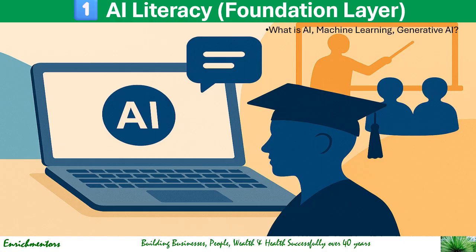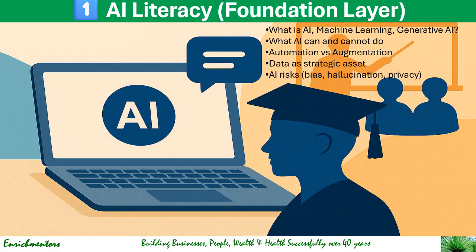Also, from their own perspective, they need to understand what AI can do and cannot do, what is automation versus augmentation in the context of AI, and how to use data as a strategic asset. And look at all the risks like bias, hallucination, and privacy that are there in dealing with AI. And the whole goal is to move from the fear of AI to strategic clarity about AI.